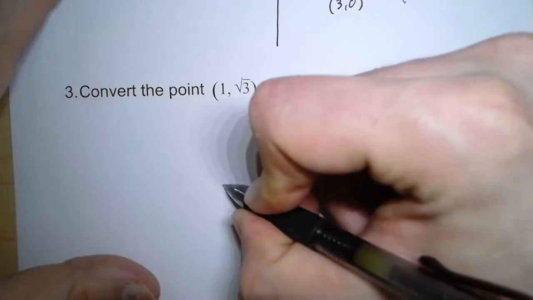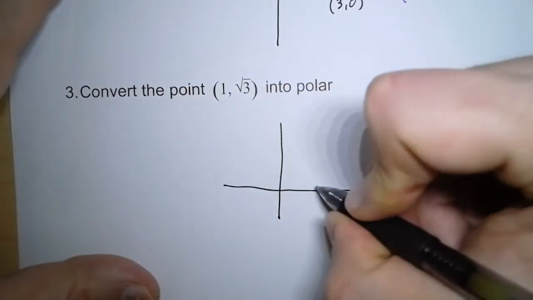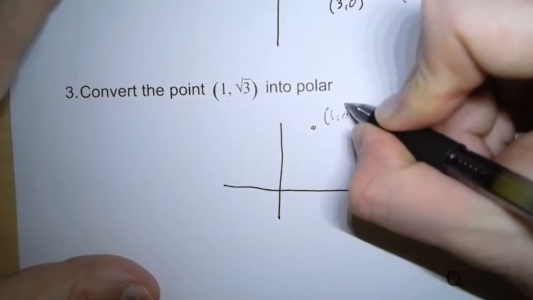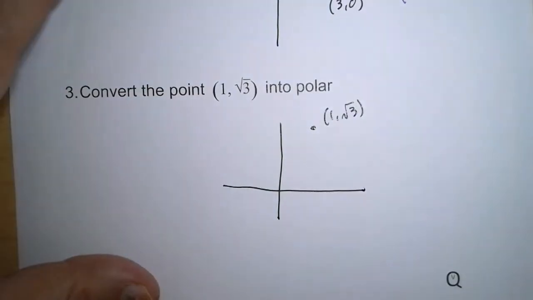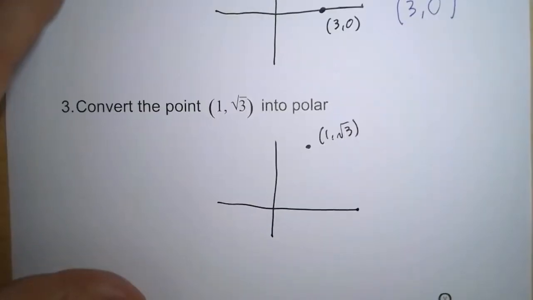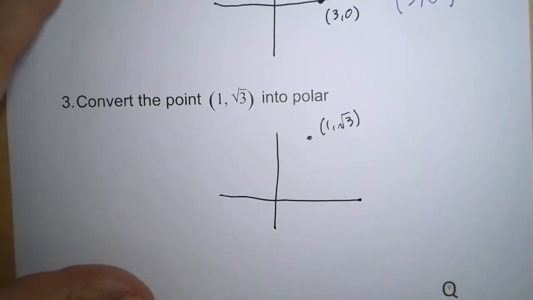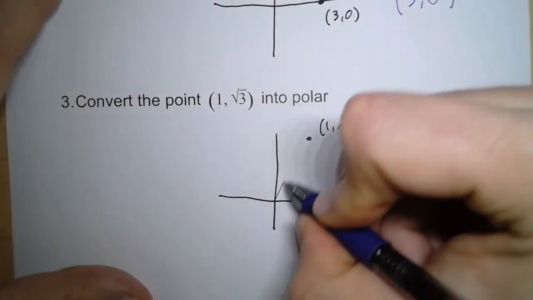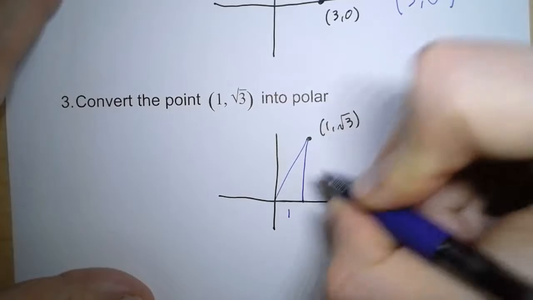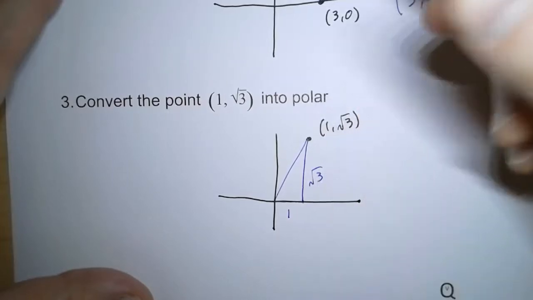So for our third one, we are in the first quadrant because we go over 1 and up radical 3. So (1, radical 3). That means we can draw a right triangle here, and so we have 1, we have radical 3.